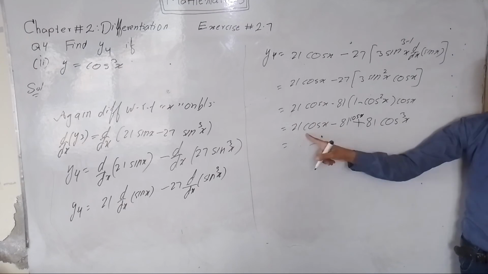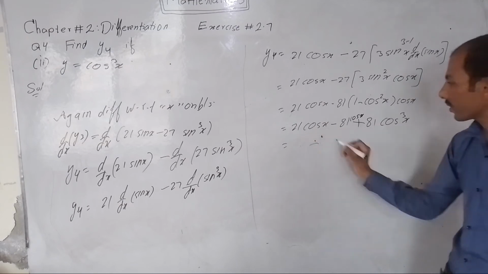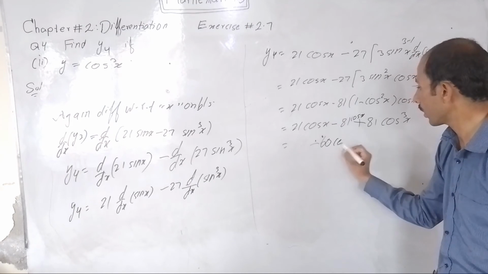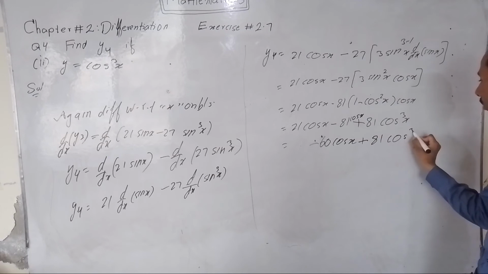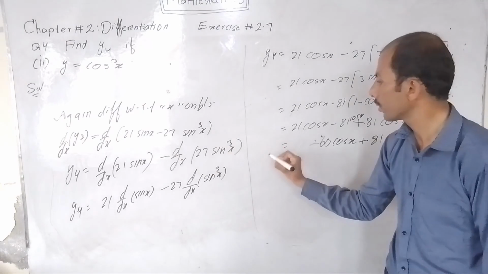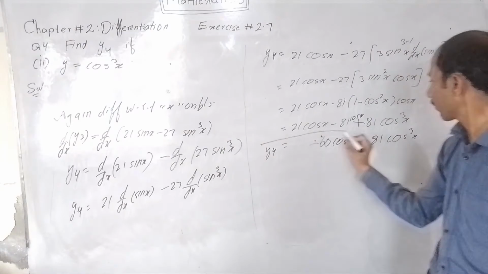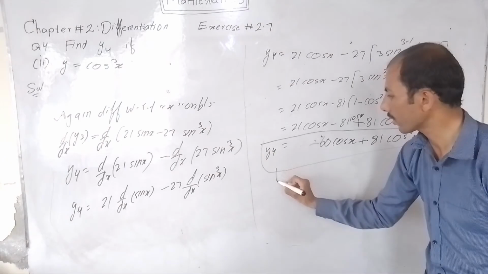Minus 81 cos x plus 21 cos x is equal to minus 60 cos x plus 81 cos cube x. This is y4, which is the required solution.